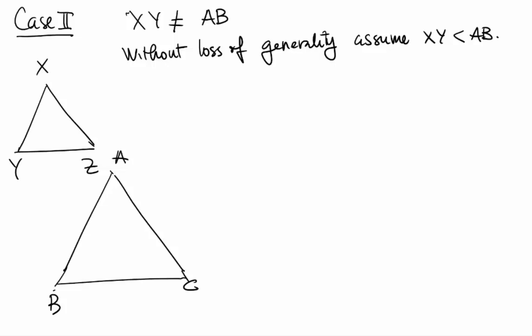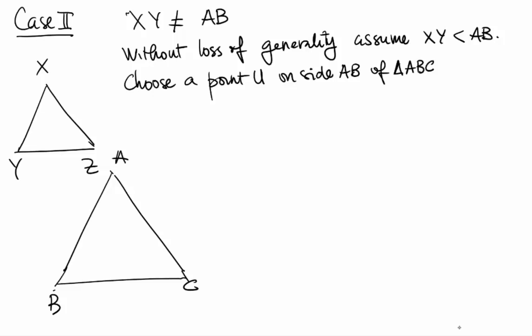Now we will choose a point U on side AB of the triangle ABC, so that AU is equal to XY.